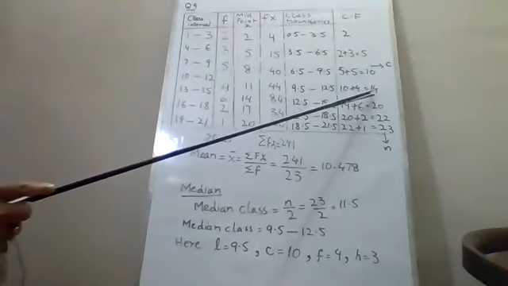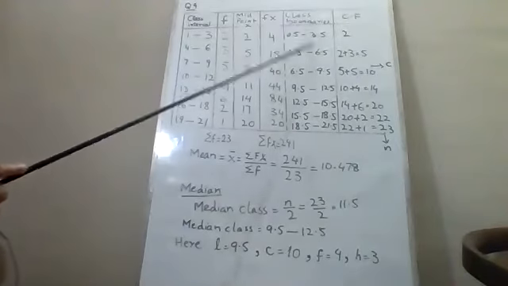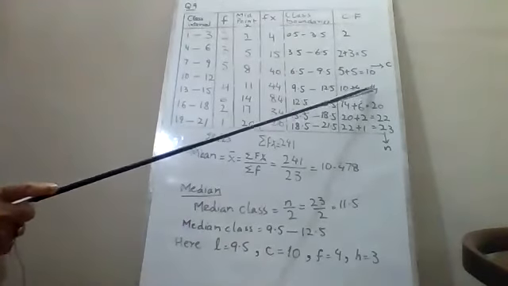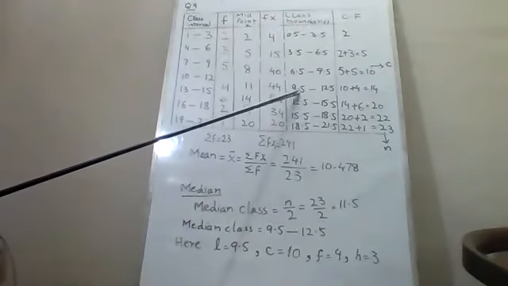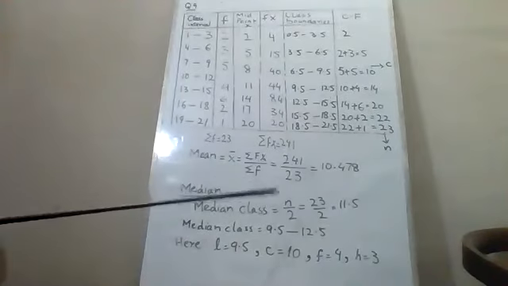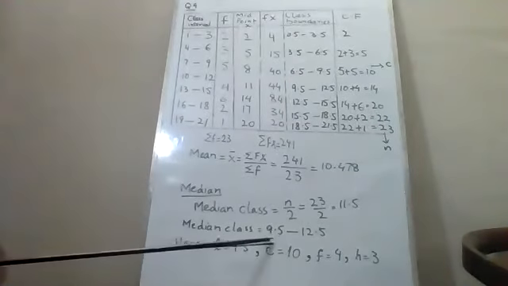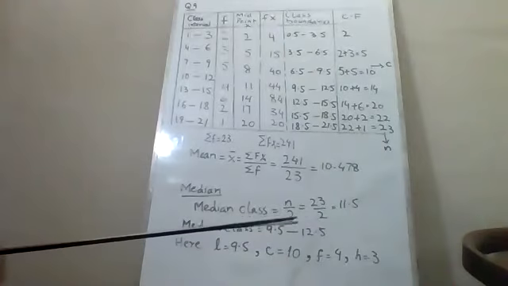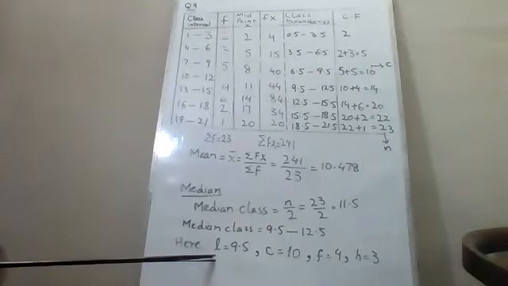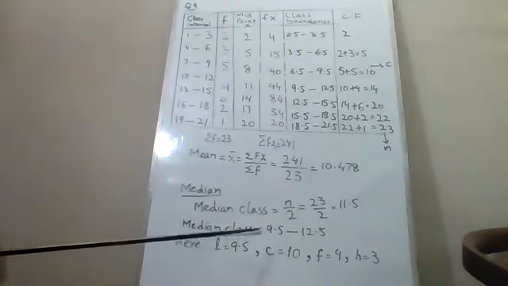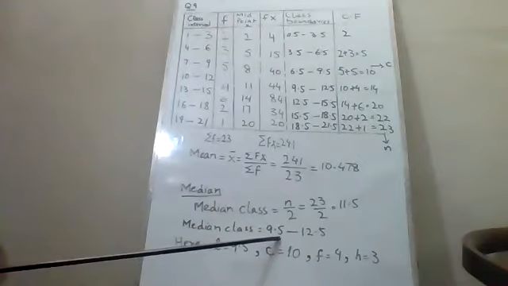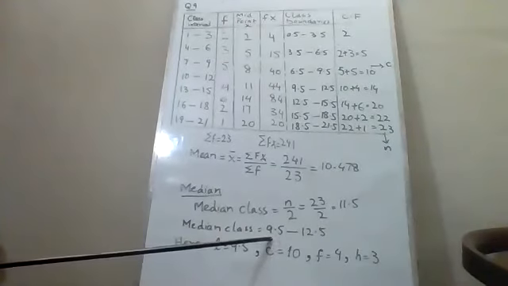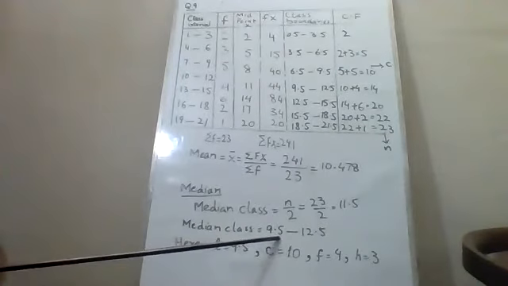कम्युलेटिव क्लास भी कौन सी होगी? जो ये क्लास बाउंड्री हमने find की है, 14 की class boundary is 9.5 to 12.5. So median class is 9.5 to 12.5. Now here we find L. L is the lower class limit in the class boundary.